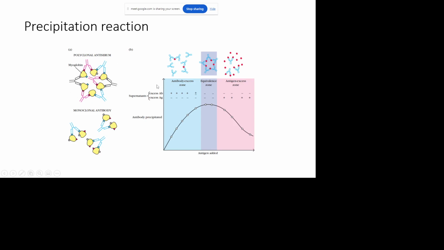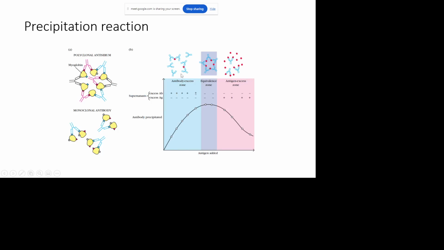So now if you see the precipitation curve, in the x-axis there is antigen added, antigen concentration, and the y-axis is antibody concentration. Initially there was the antibody excess zone, where you have just started adding the antigen. Initially there was no antigen, and then you gradually started adding the antigen, right?